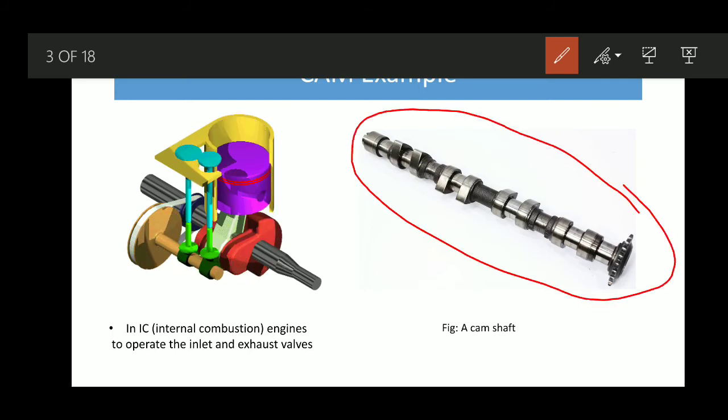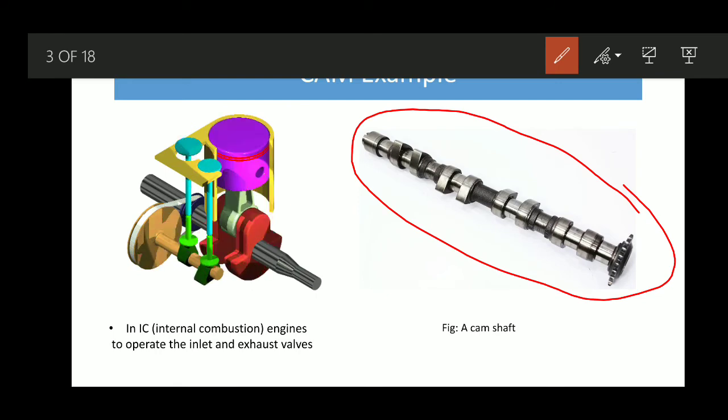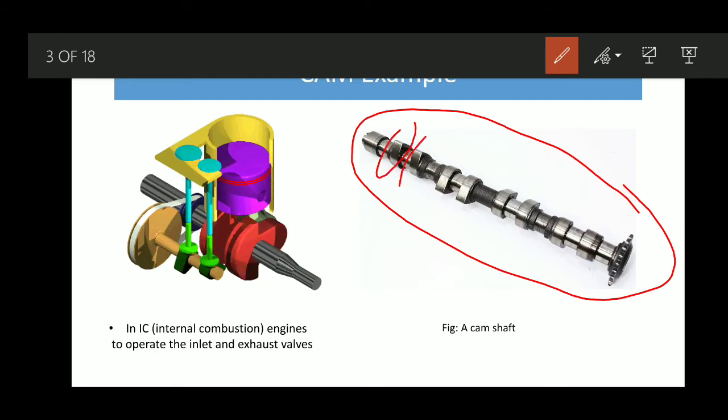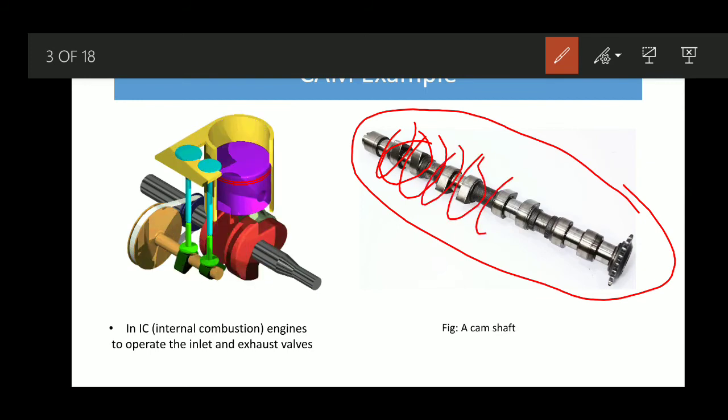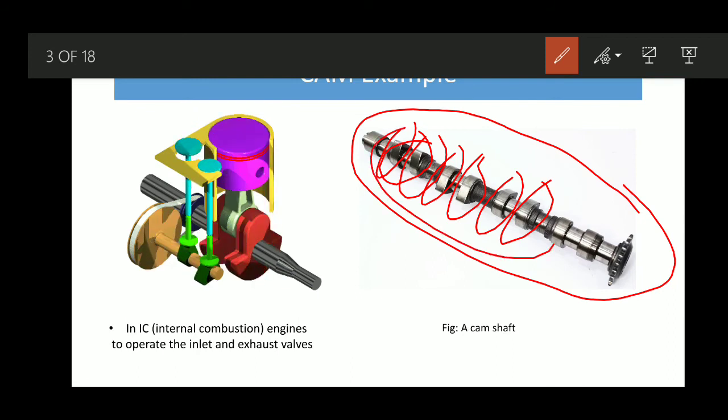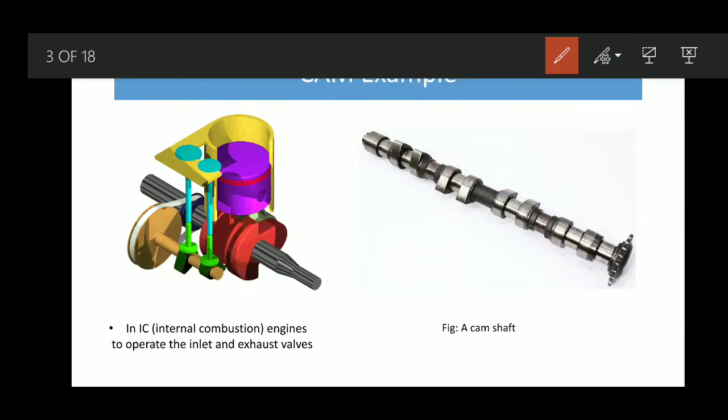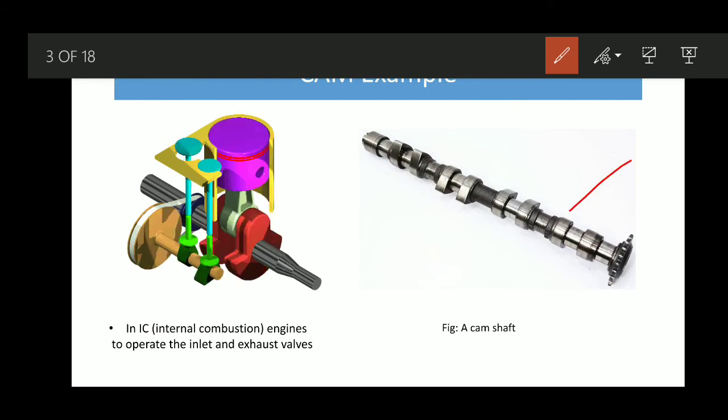You can see this is one cam, another cam is mounted in a similar fashion, similarly this another cam, like that. Six cams you can very easily see. This kind of shaft, where multiple cams are mounted and used to operate different parts, mostly the valves, is known as the camshaft.